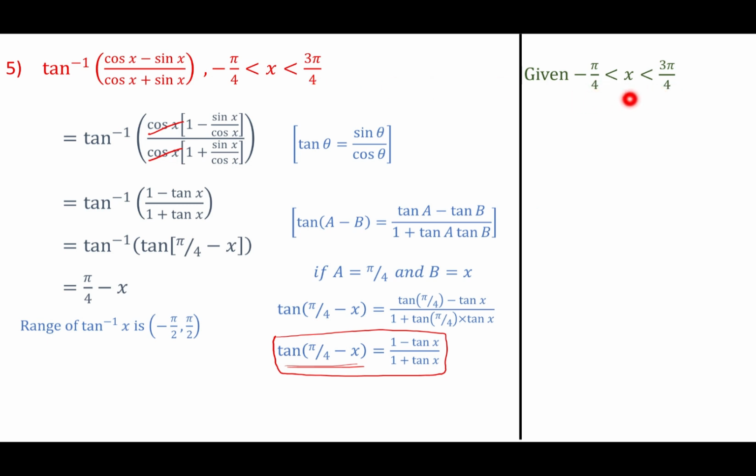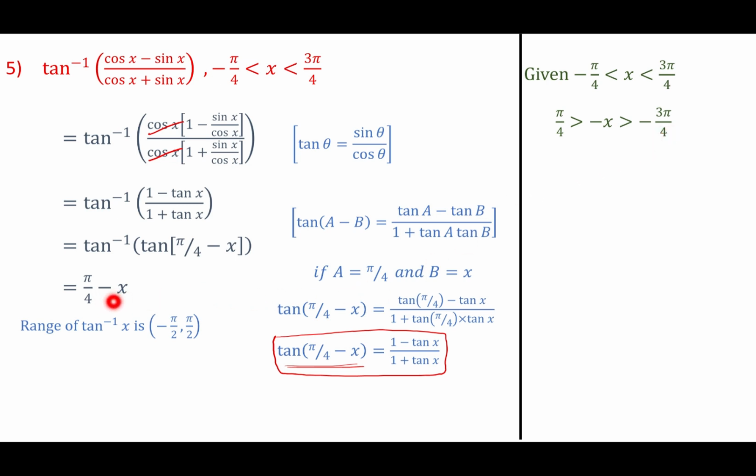Multiply this inequality through a negative sign. If I multiply by the negative sign, this less than will become greater than. So pi by 4 is greater than negative x, which is greater than negative 3 pi by 4.